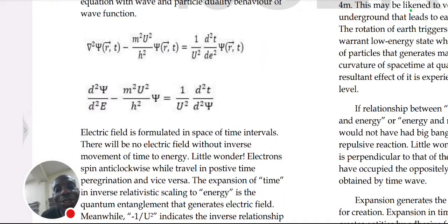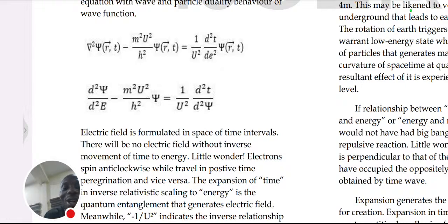At the final result, we have the wave function to the left to be at the top, where we have second derivative of wave function to the second derivative of energy. This capital E represents total energy now, not vector, minus m squared capital U squared over Planck constant squared.